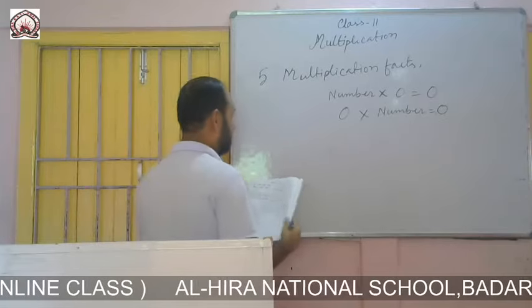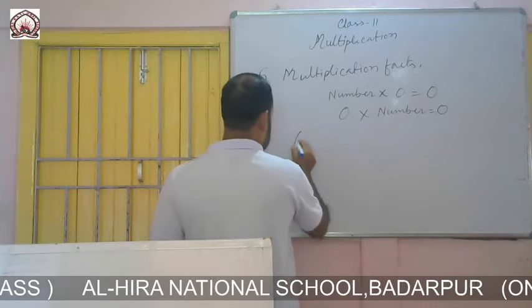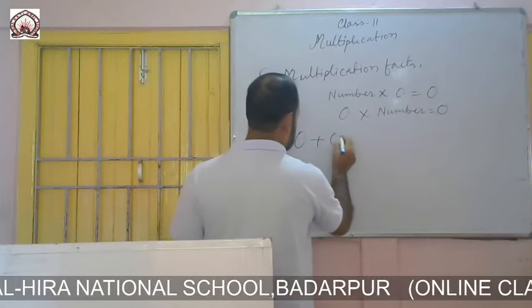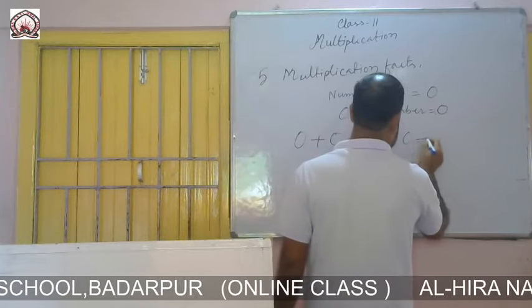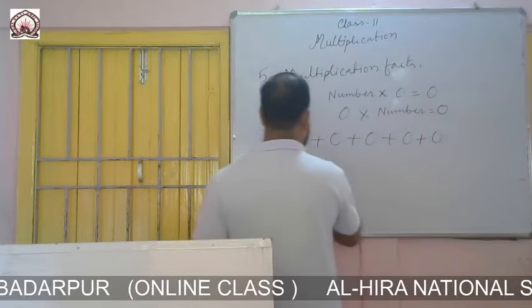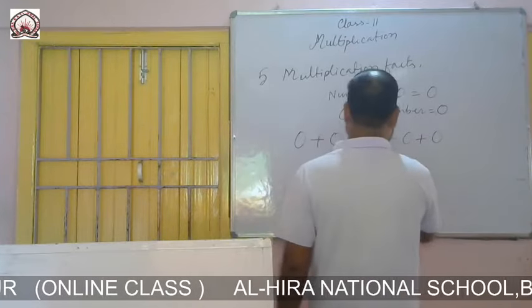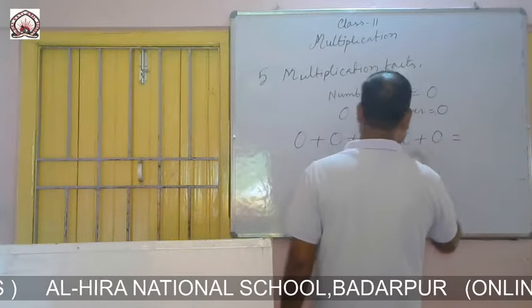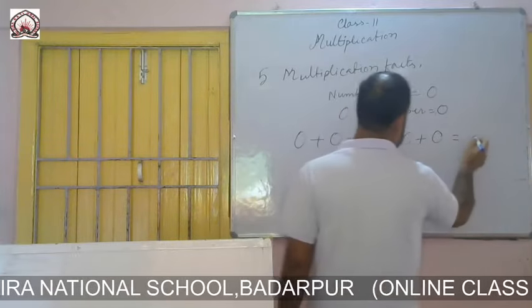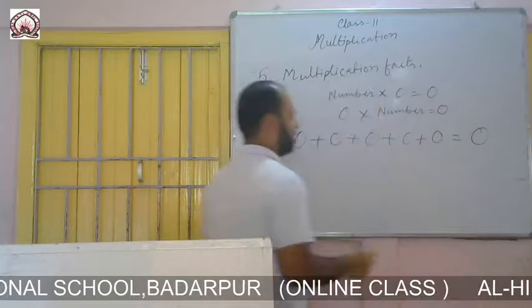Suppose, for example, 0 plus 0 plus 0 plus 0 plus 0. How many times 0? 1, 2, 3, 4, 5. So if we add them, the answer is 0.